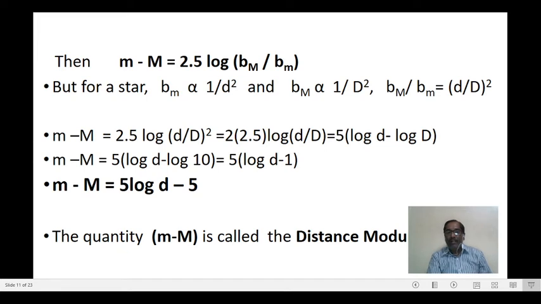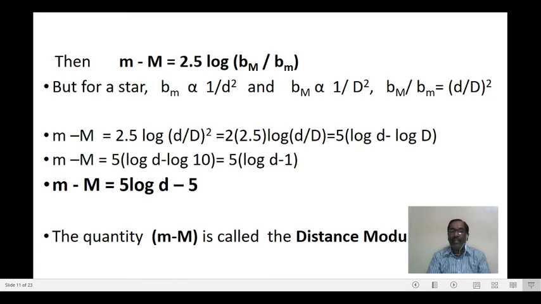But for a star, brightness is inversely proportional to d square. Therefore, B_m is inversely proportional to 1 by small d square, and B_M is inversely proportional to 1 by capital D square. So B_M by B_m equals (d by D) whole square.